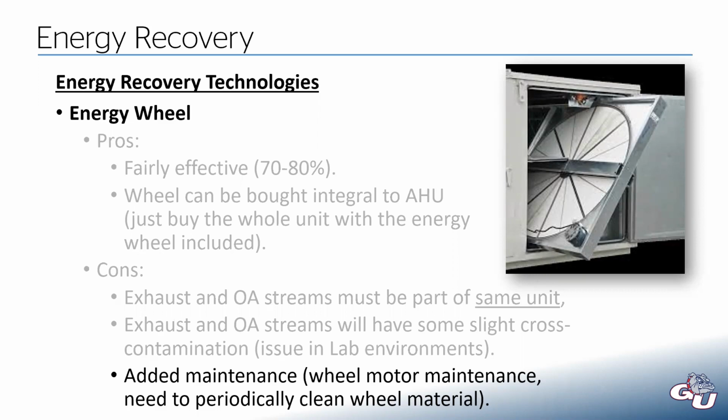And then with the wheel motor itself, similar to the pumped runaround coil, if that motor fails, now you've lost your energy recovery, and maybe your unit is not sized properly when that energy recovery is not doing its job. And that's actually a code requirement in Washington where they say you have to size your equipment assuming your energy recovery systems are doing their job.